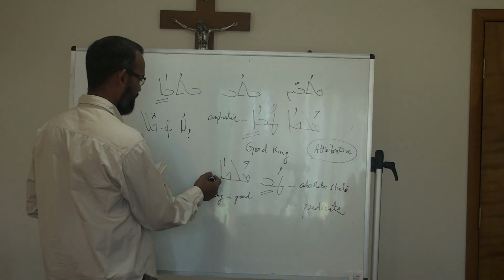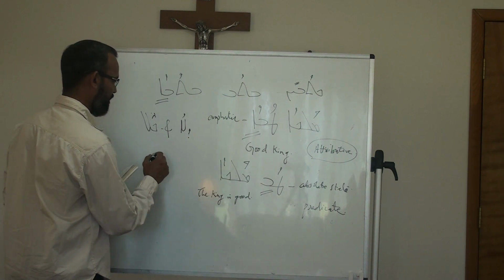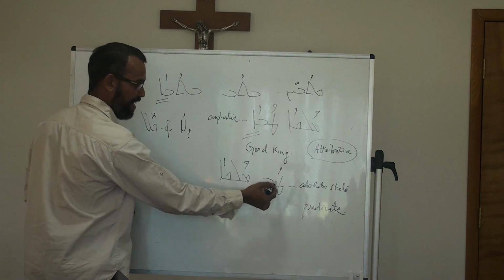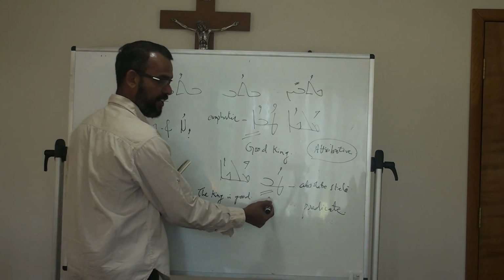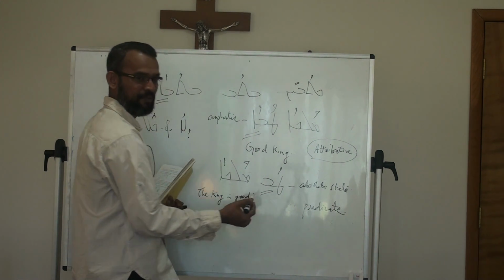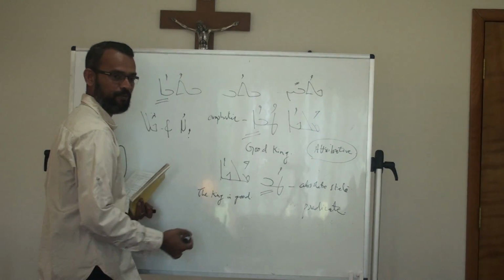So according to that rule, this can either be in the absolute, or it looks like an absolute or a construct, but try to translate it as a construct. What will be the meaning if it's in the construct form?